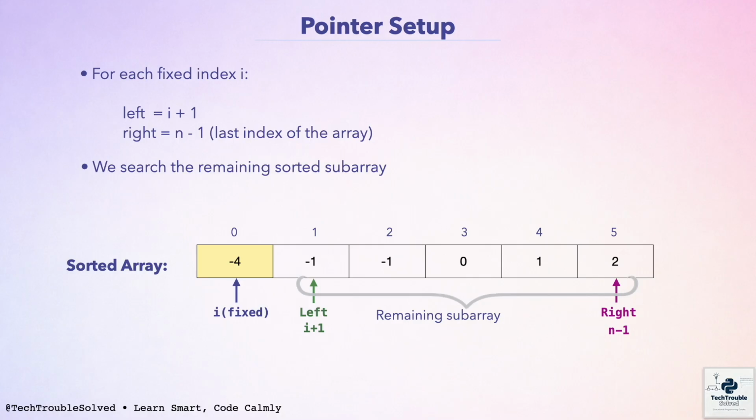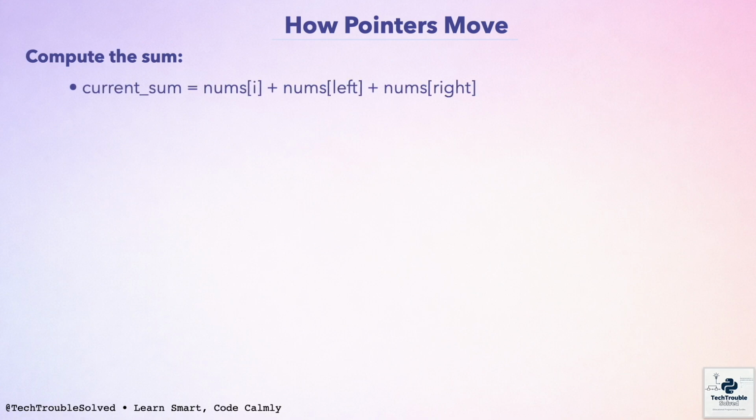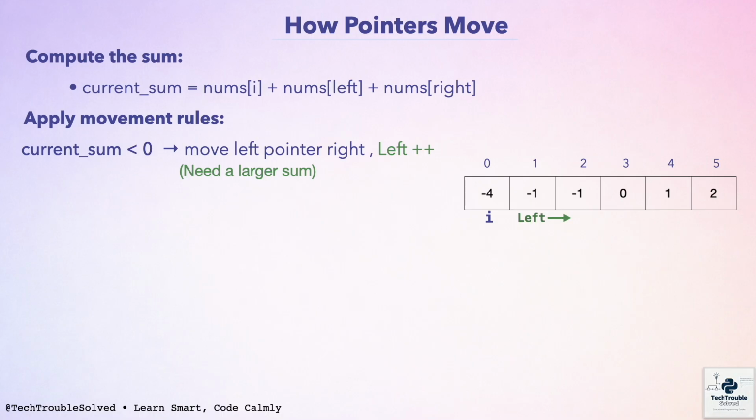Let's understand how these pointers move depending on the sum we get. For every position of i, we compute the current sum using three elements: nums[i] plus nums[left] plus nums[right]. Then we apply simple movement rules. If the current sum is less than 0, it means the total is too small.